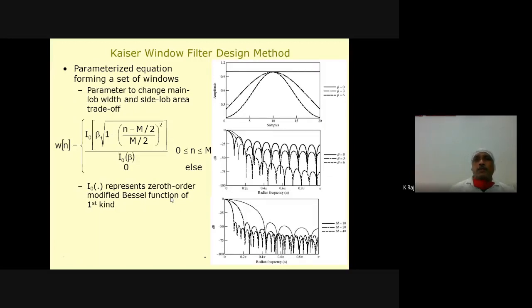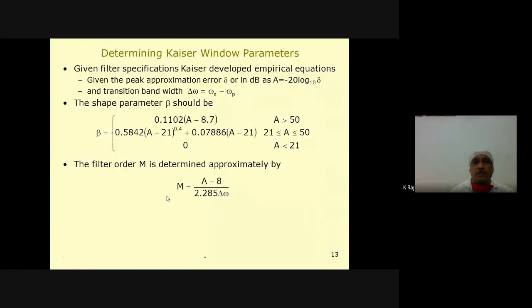And the Kaiser window w[n] is described with the help of the zeroth order modified Bessel function. In this function, there is a need to calculate A, beta, and M. A is calculated according to this formula: A = −20 log10 δ, where δ is the approximation error, the ripples in the pass band as well as in the stop band.